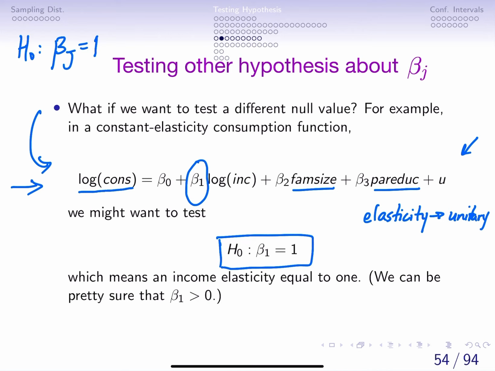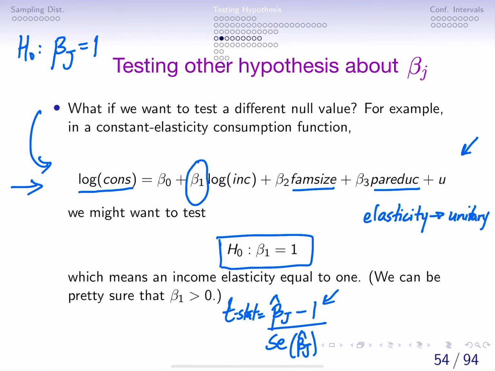So we want to figure out how far is our estimate of beta 1. So remember the t-statistic. We want to see how far are we from this hypothesized value, which is 1, relative to the standard error of beta hat j. Okay, so instead of 0, we are just putting 1 here. Okay, so that's the only difference.